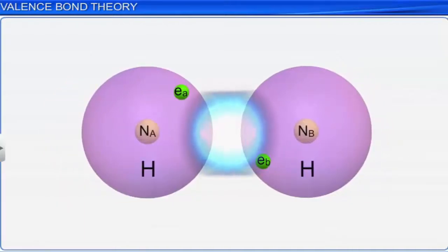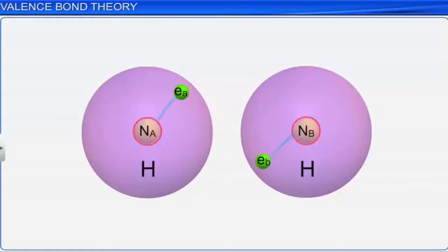The force of attraction arises between the nucleus of one atom and its own electron, that is, between Na and Ea, and between Nb and Eb, and the nucleus of one atom and electron of another atom, that is, between Na and Eb, and between Nb and Ea.